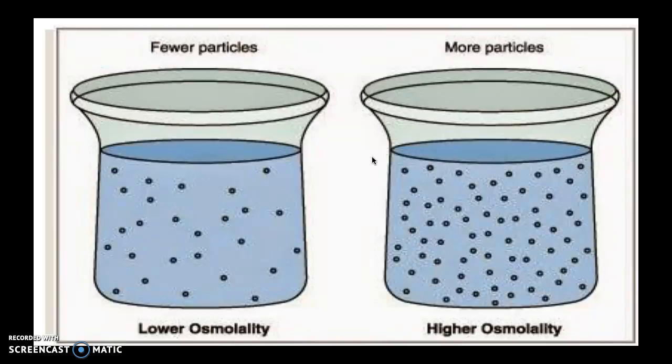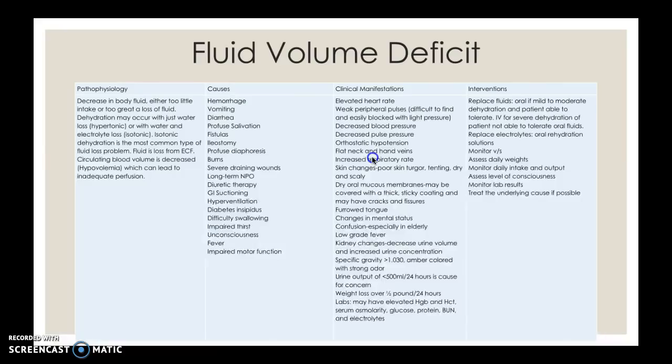If your bloodstream and interstitial spaces are more concentrated than the intracellular space, that's going to pull fluid out of the cell. And vice versa, if the blood and interstitial space are low concentration, that's going to pull water into the cell. So that's another blood test that can give us a clue of a person's hydration status.